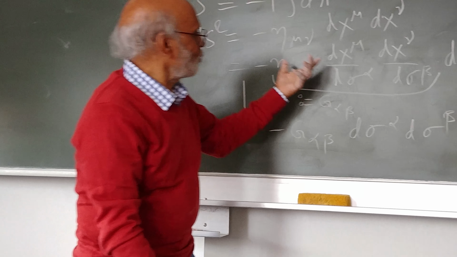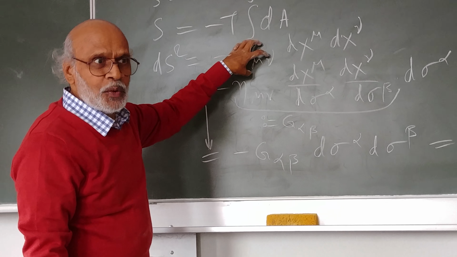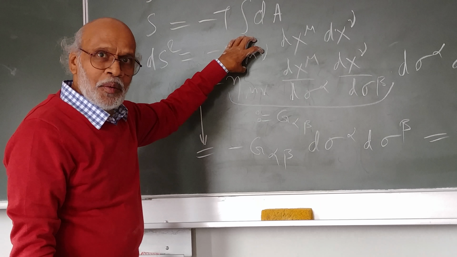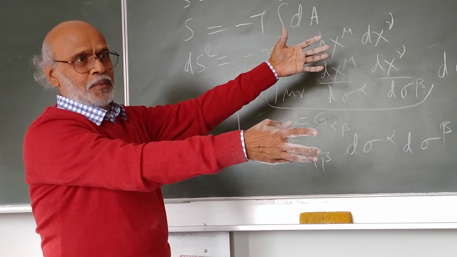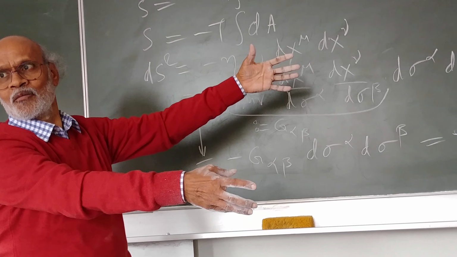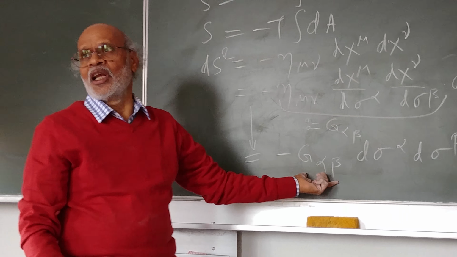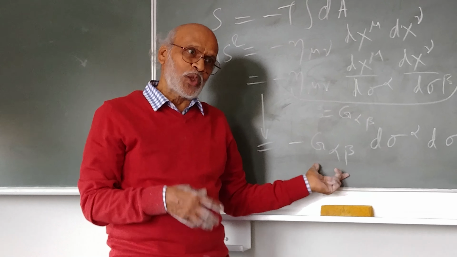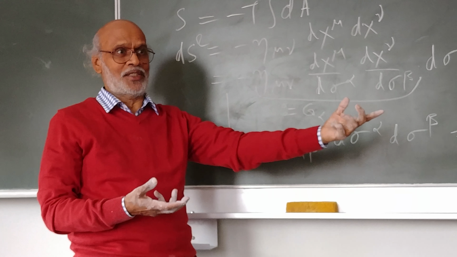So you see, this eta mu nu measures the distances in the space-time or the target space-time, whereas this object g alpha beta is also a metric tensor and it measures distances in the worldsheet space.